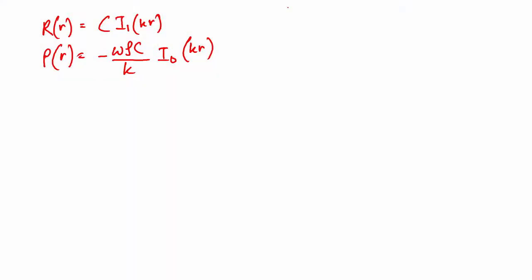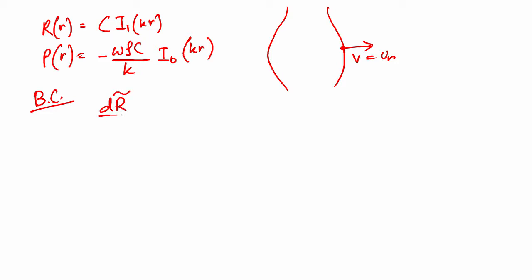So, what can be a boundary condition? If this was the perturbed state, the velocity of this surface is essentially equal to the u r velocity. So, this velocity V is equal to u r, and that V is nothing but d r tilde by d t. So the boundary condition is that d r tilde by d t is equal to u r tilde.